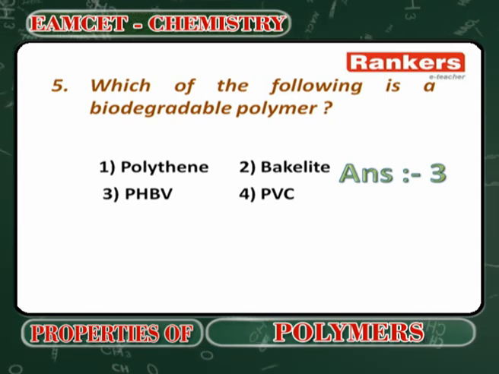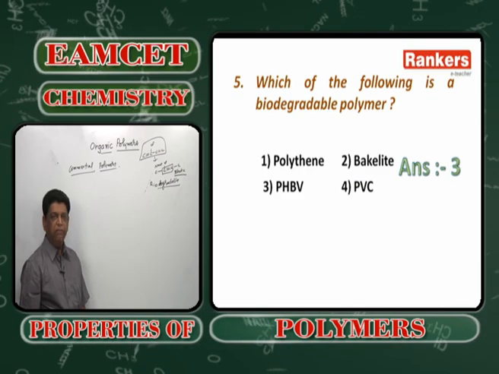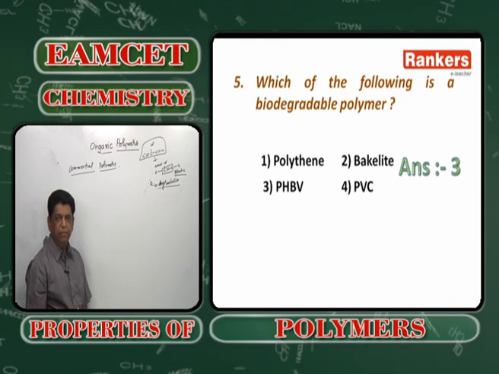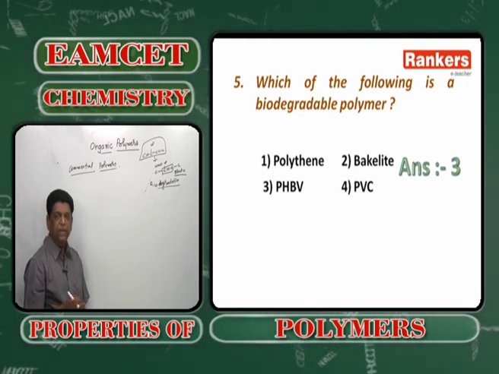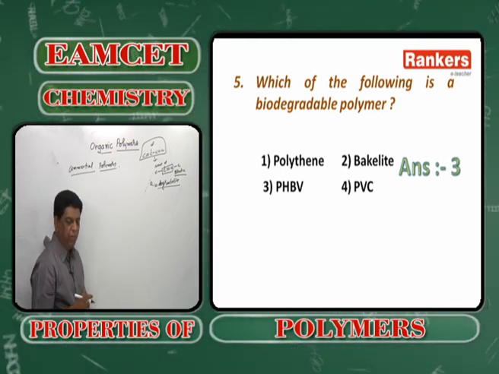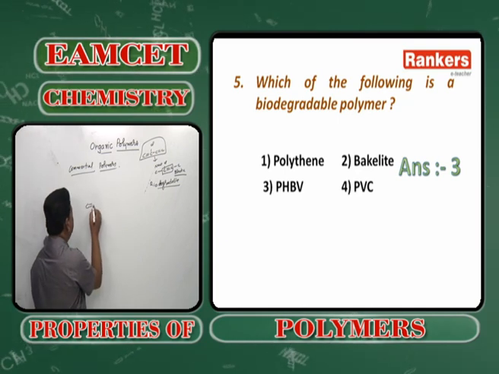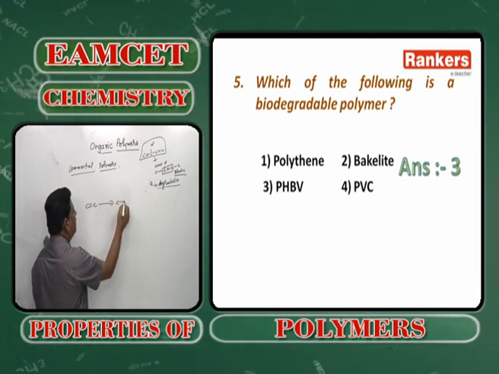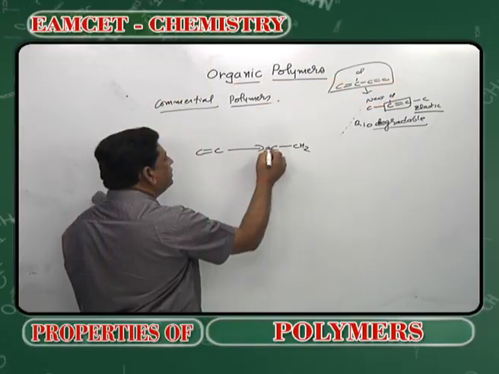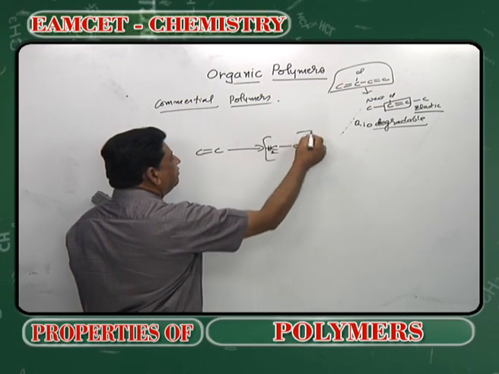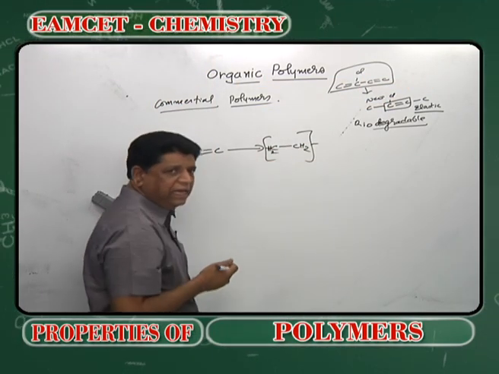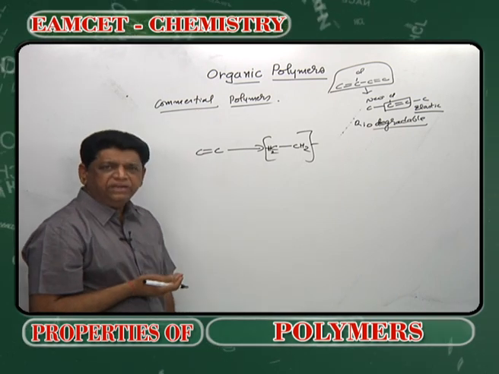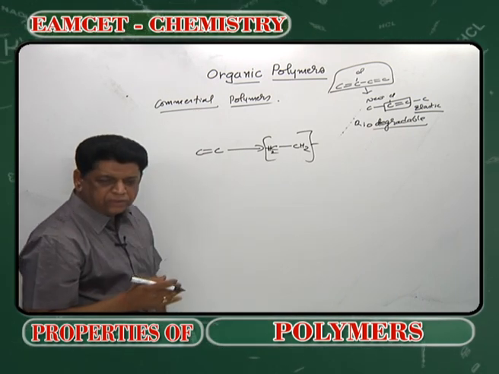As the polymer is stable, it works well, but when you throw it, it won't decompose. That is the problem we are getting, isn't it? Polythene is a polymer of ethylene, and polymerizing it you get polythene, quite a stable structure. Is it degradable? It is an alkane. Alkanes, we know, are paraffins, highly stable molecules, isn't it?